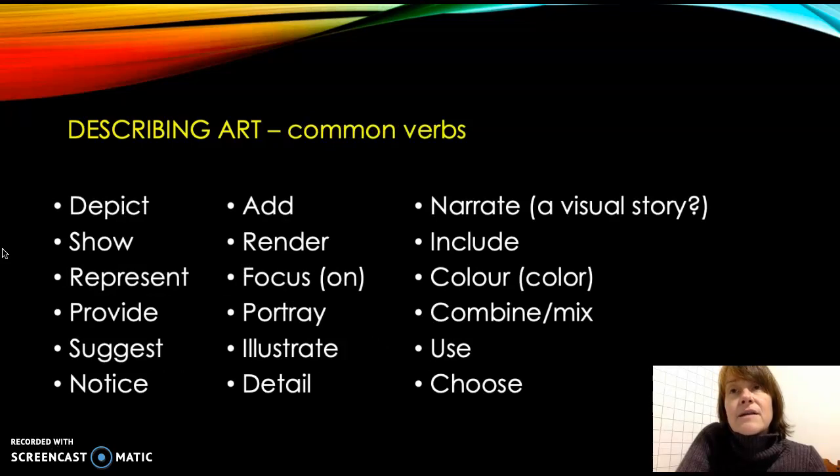Okay, there are some common verbs that you will see in all descriptions of art. You'll see these recur, so you might as well learn them and use them. These include verbs on this list, but it's not limited to these verbs. For example, depict, show, represent, provide, suggest, notice. I'll just read them for you.